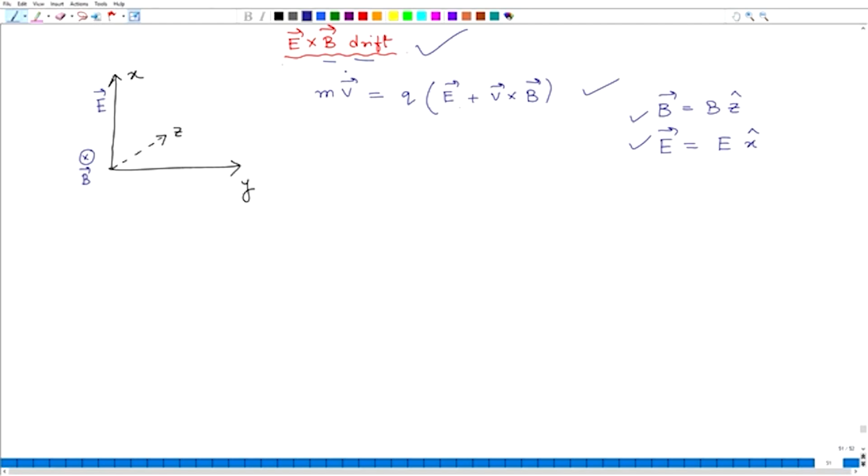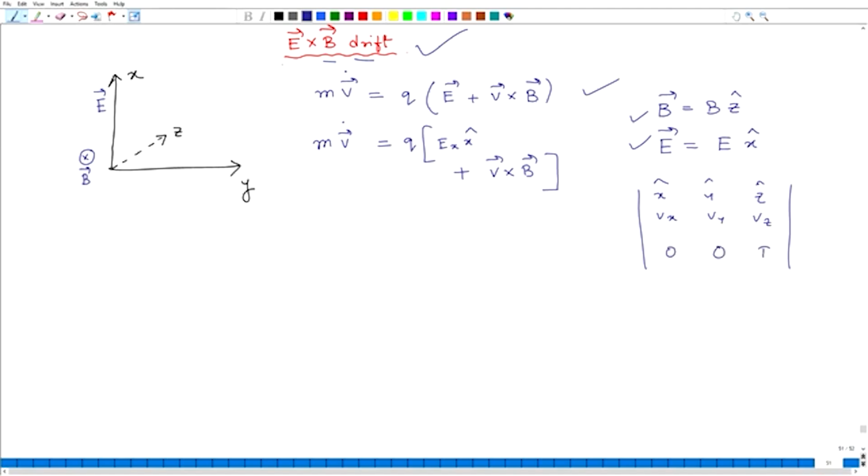Of course, we know that this will be m v dot equals q E x cap plus v cross B. Now, v cross B I can write as the determinant with i, j, k cap; v x, v y, v z; 0, 0, B, because B is only along z cap.